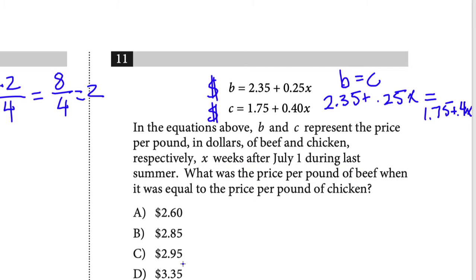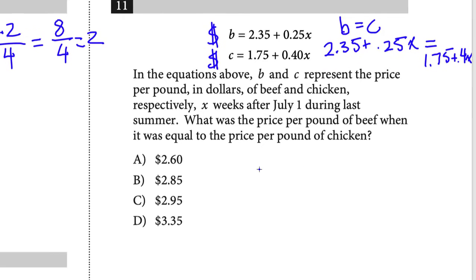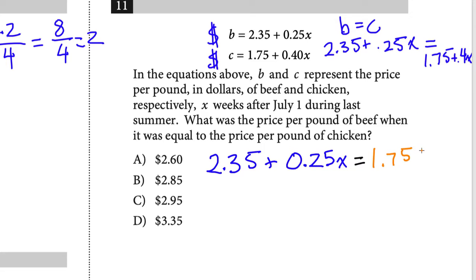Here I go. I'm solving. I'm rewriting the problem so I have more room. 2.35 plus 0.25x is equal to 1.75 plus 0.4x. I'm going to solve for x first. I'm going to subtract 0.25x from both sides.